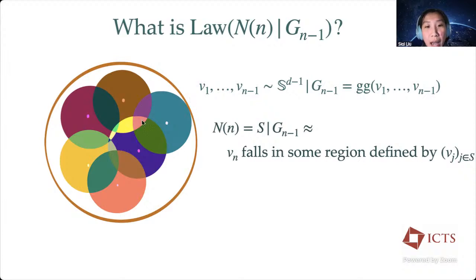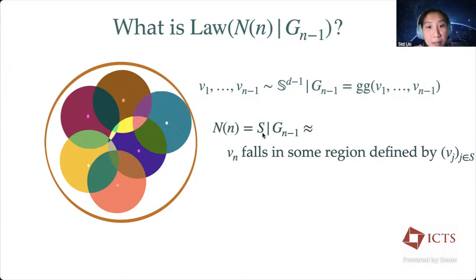So the sphere cap is just saying that everything landing in the cap is going to be a neighbor of this vertex. So we can draw sphere caps around these points, and these sphere caps partition the unit sphere into at most 2 to the n minus 1 shapes, and each shape really is indexed by a subset of vertices.